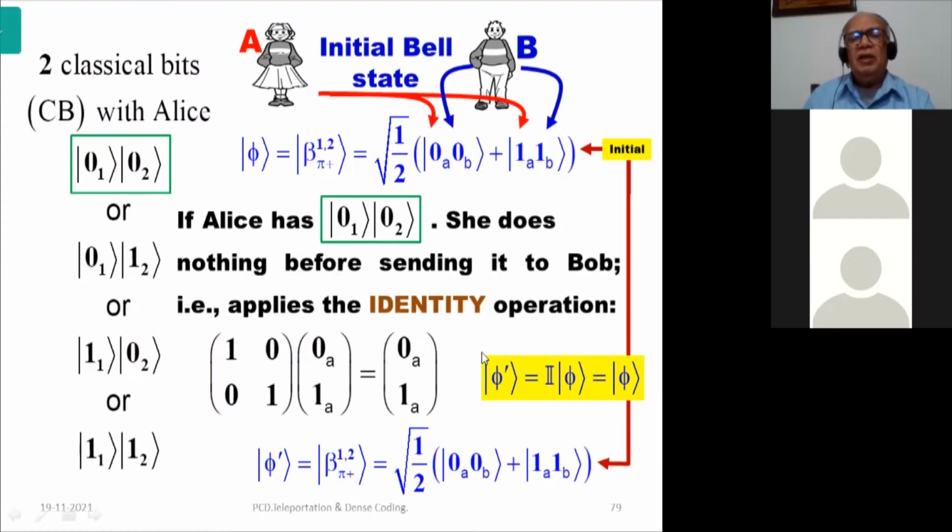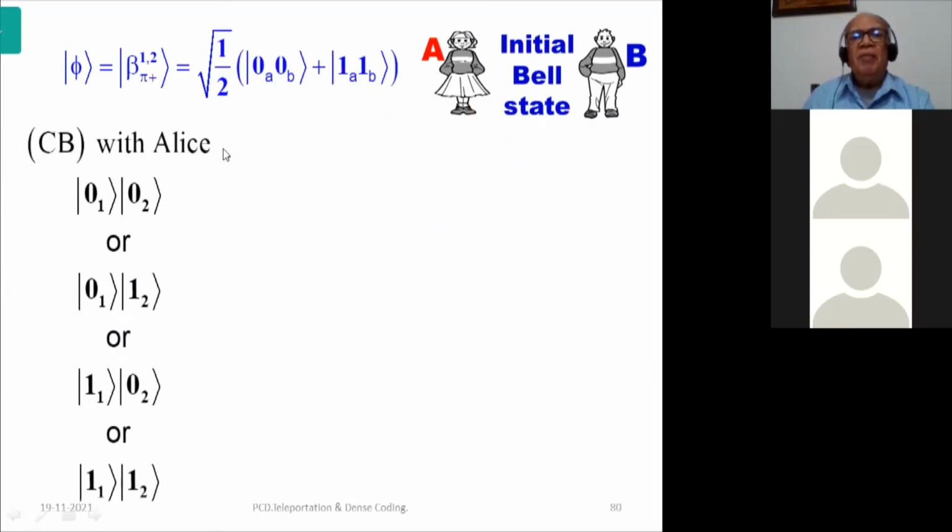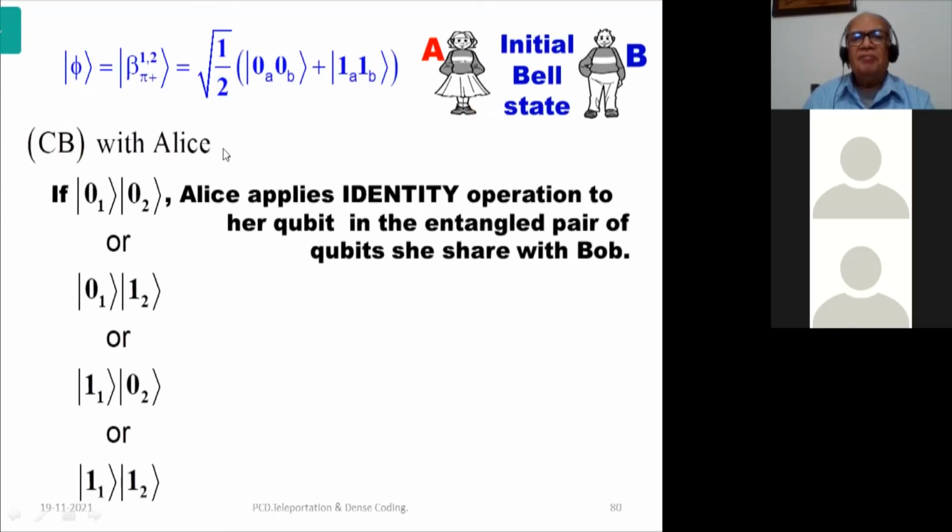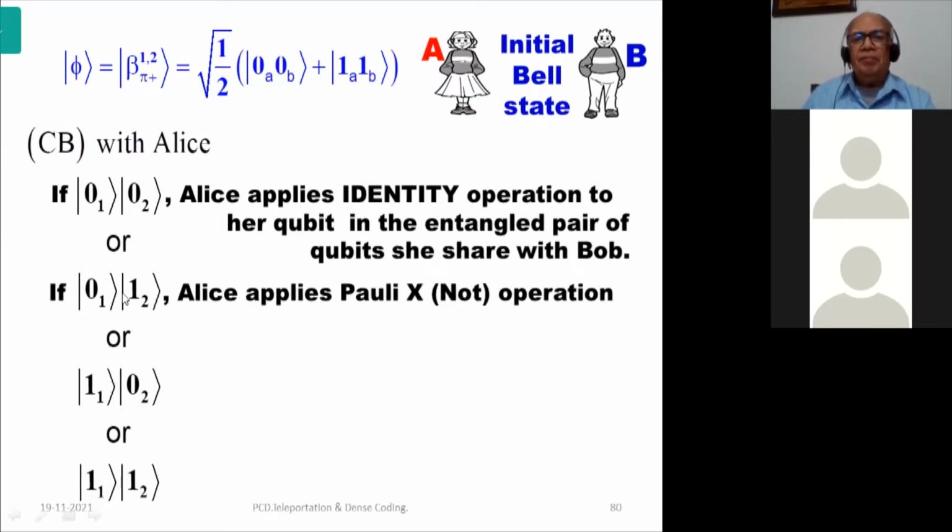And this is what she would do if the pair that she has is 0 0. However, she may have something else. So if she has 0 0, she applies the identity operation. If she has 0 1, then Alice would apply the Pauli NOT gate.